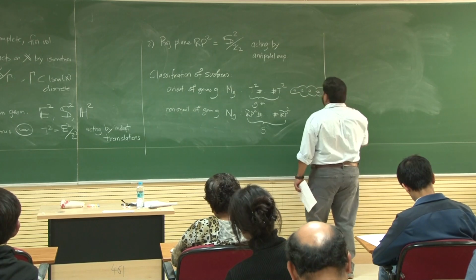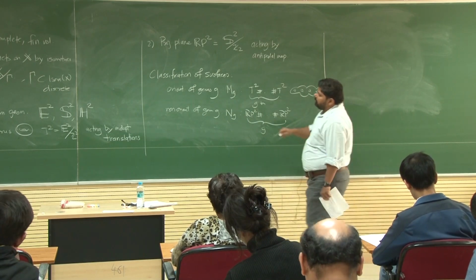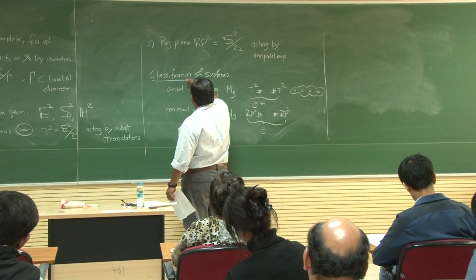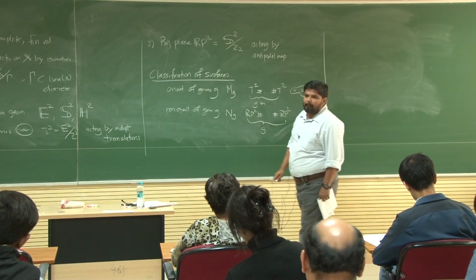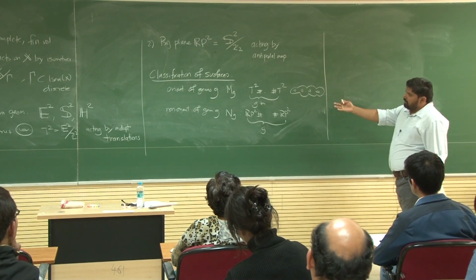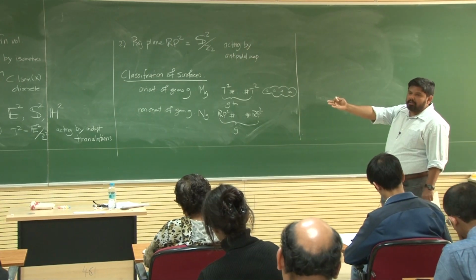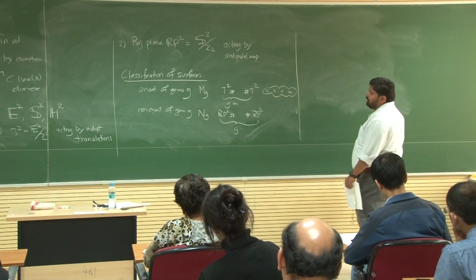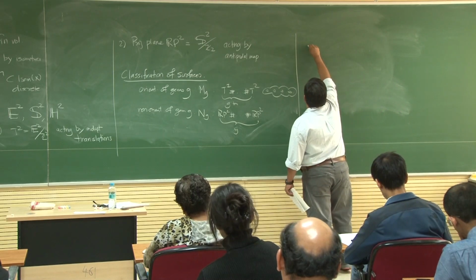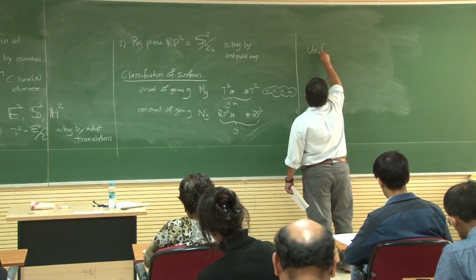And for the geometry, we again have a complete classification. Every closed 2-manifold takes a unique geometry, one of E2, S2 or H2. So, this is the uniformization theorem.